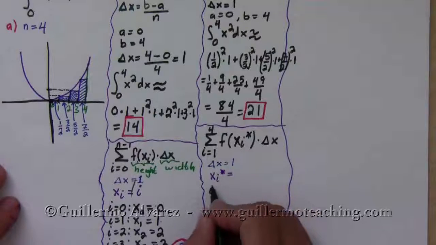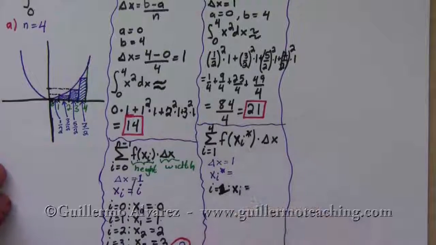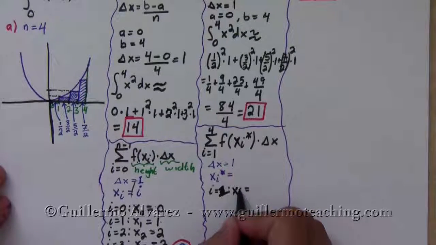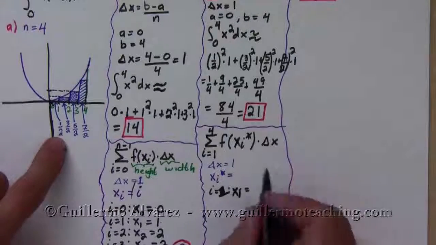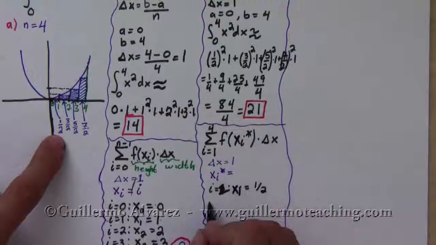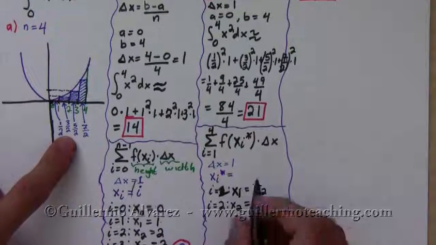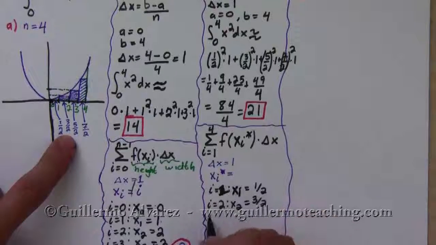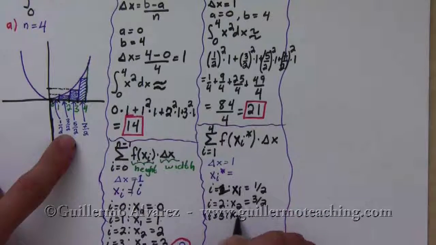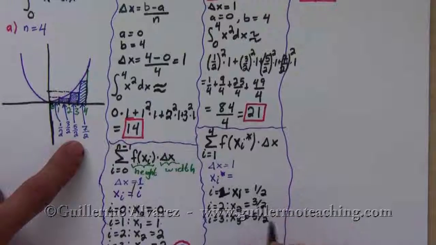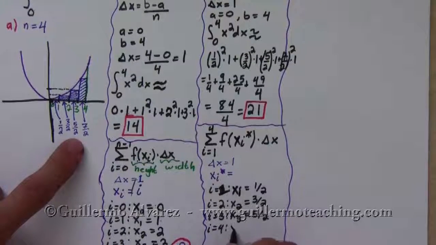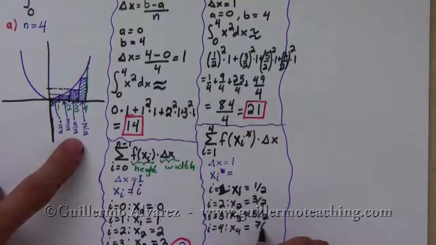So we know that i is starting at 1. So when i is equal to 1, x sub 1 is my very first value, which is 1/2. When i is equal to 2, x sub 2 is equal to 3/2. When i is equal to 3, x sub 3 is equal to 5/2. When i is equal to 4, x sub 4 is equal to 7/2.